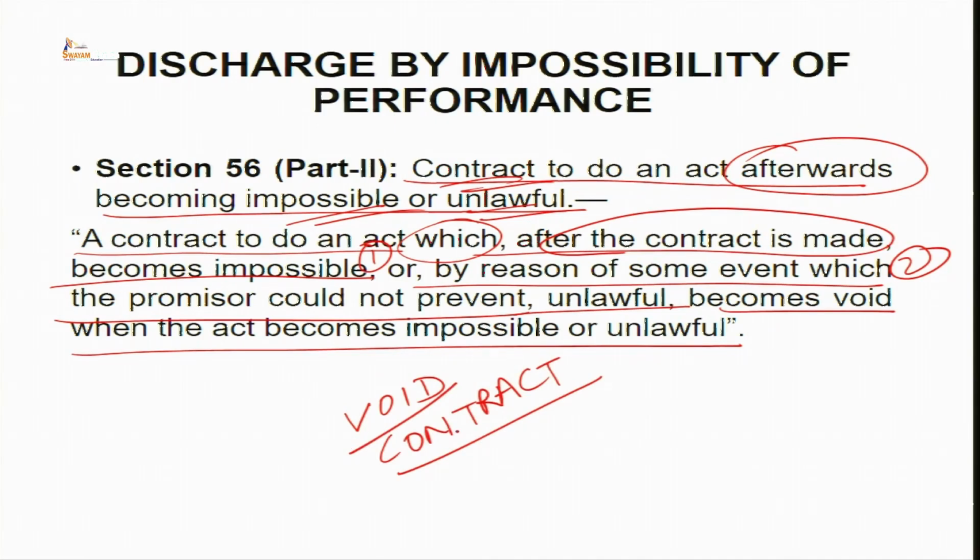Why void contract? Because it was a valid contract when made, but due to supervening events, supervening impossibility, change in circumstances, etc., it has become impossible or unlawful to perform the obligation, right. So that is why a void contract, because after the contract was made, it became void.